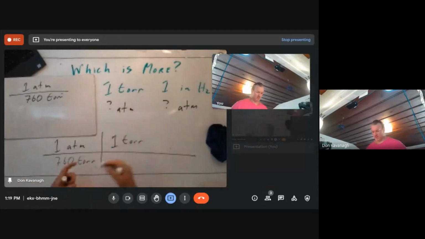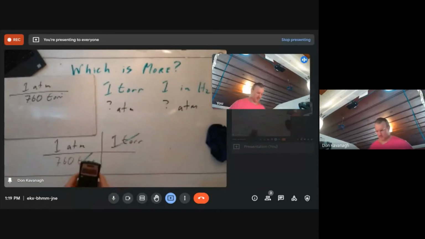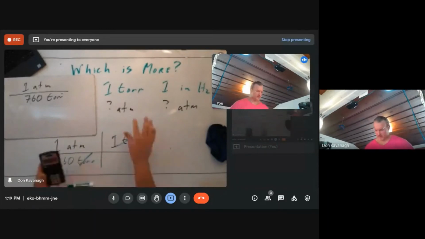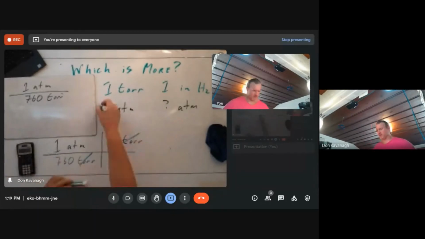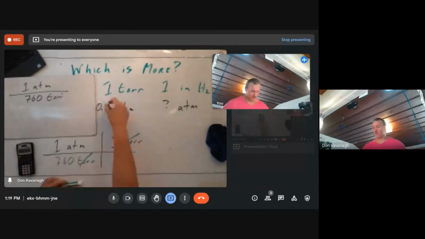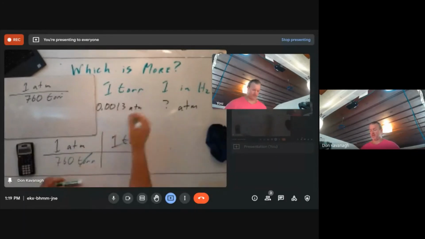So now 1 times 1 divided by 760. 0.0013 ATM. All right. So a change of 1 torr in pressure is this change in ATM.